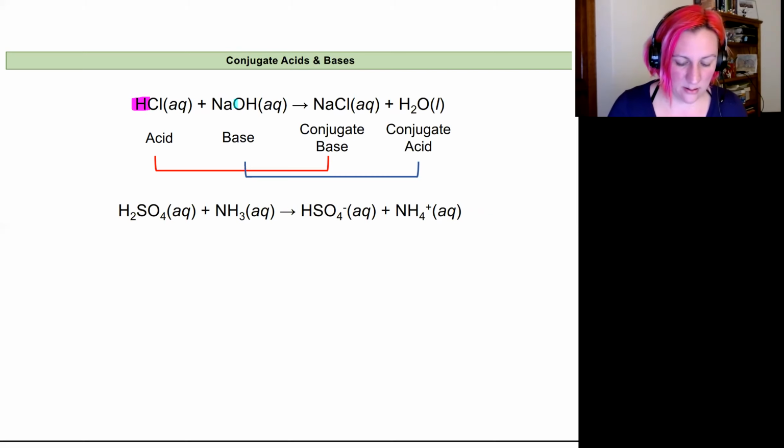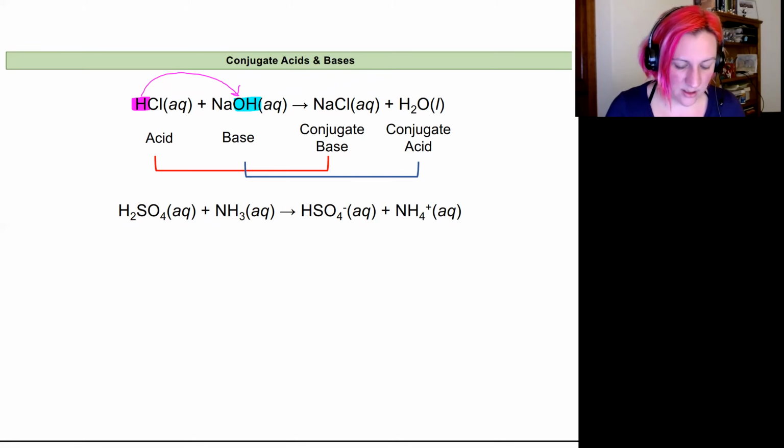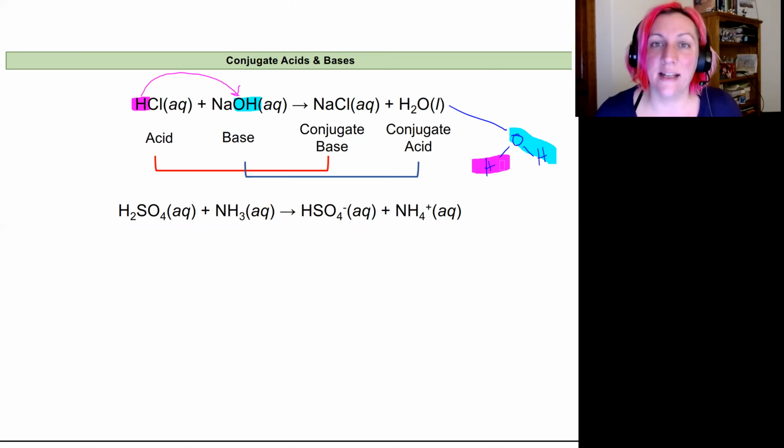This hydrogen literally transfers over to that lone pair on the oxygen, and I form, now I'm going to draw this out, my product water. Here's the hydroxide that is part of it, plus the hydrogen that was added to it. It's really just shifting that hydrogen over.